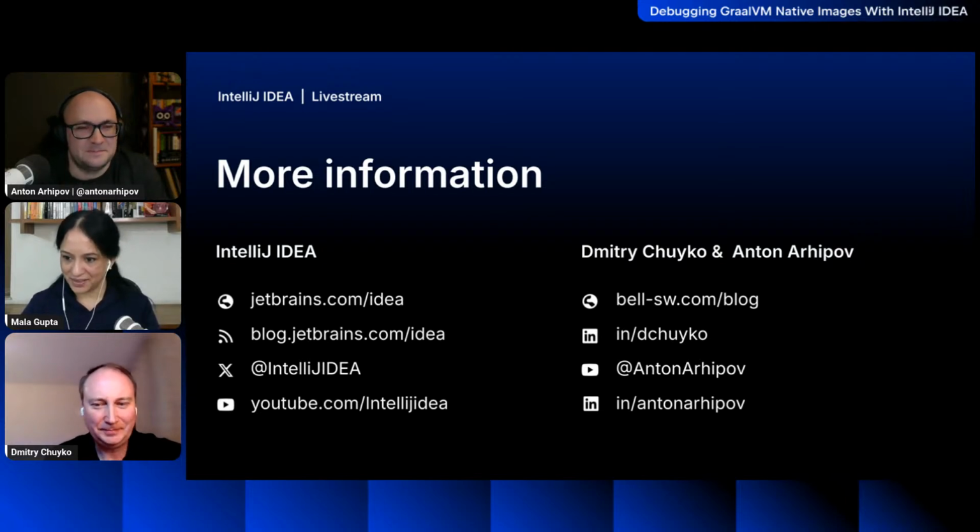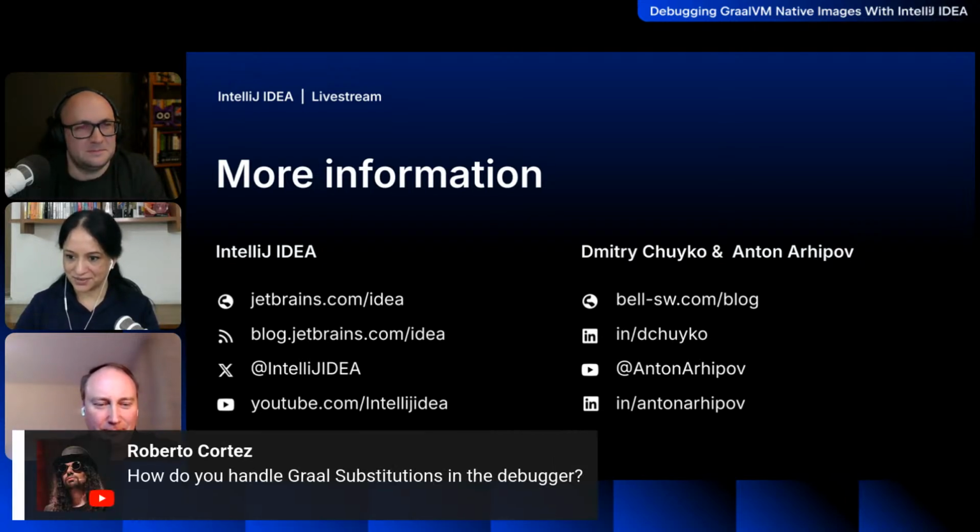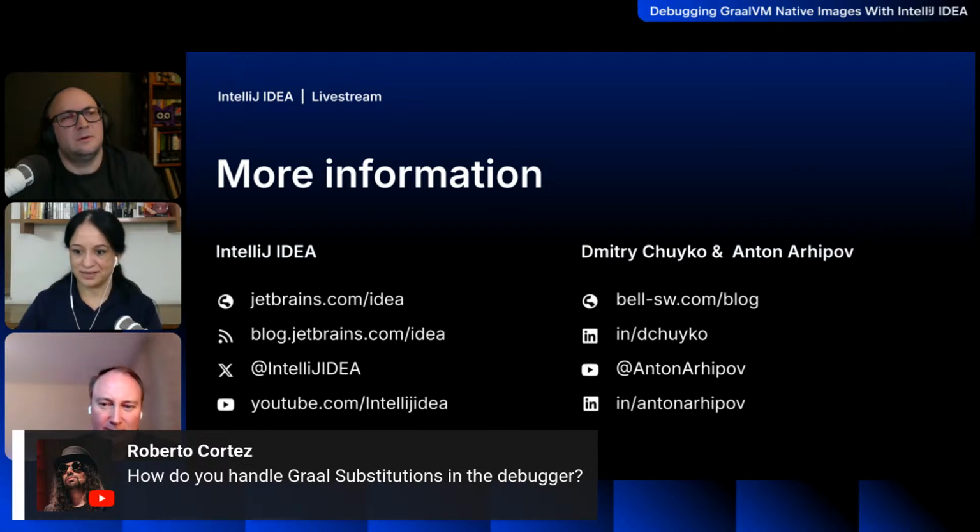There's one question, by Roberto Cortez, and he's asking how do you handle Graal substitutions in the debugger? This is a very deep question, Roberto. Thank you for asking that. I guess this is something that Vasily, who is in the chat, is able to answer in detail.